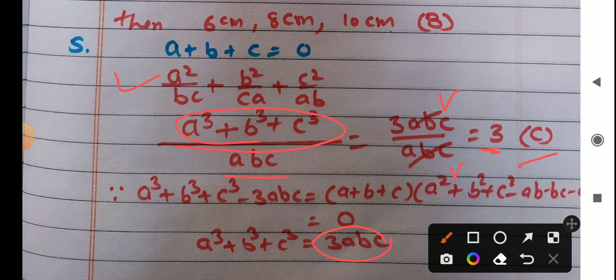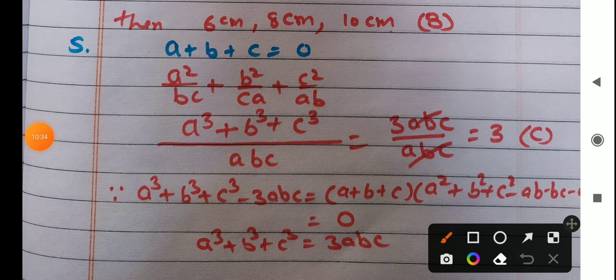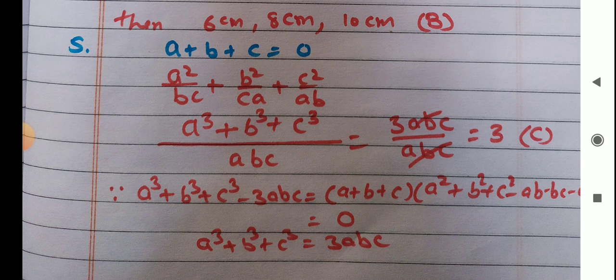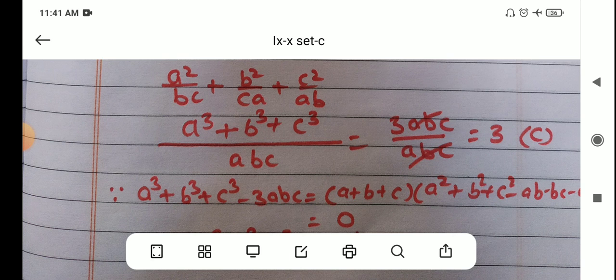Now the question: how is a cube plus b cube plus c cube equal to 3abc? So look here student, one identity is there, a cube plus b cube plus c cube minus 3abc is equal to a plus b plus c into a square plus b square plus c square minus ab minus bc minus ca, and a plus b plus c value is already given equal to 0, so this complete product will come equal to 0, and a cube plus b cube plus c cube value will be 3abc.